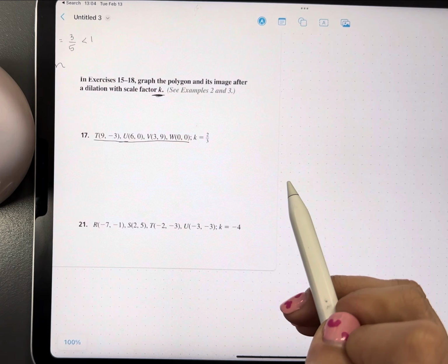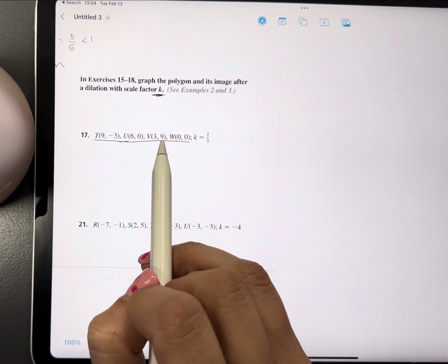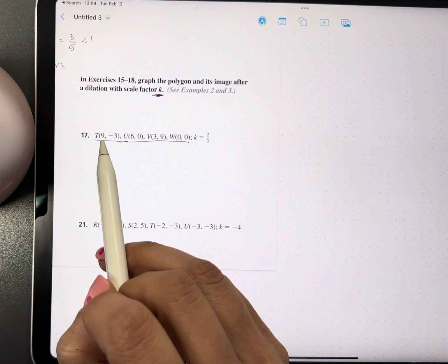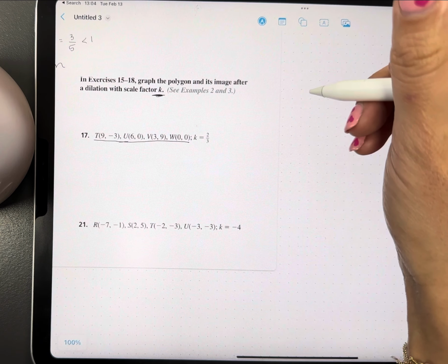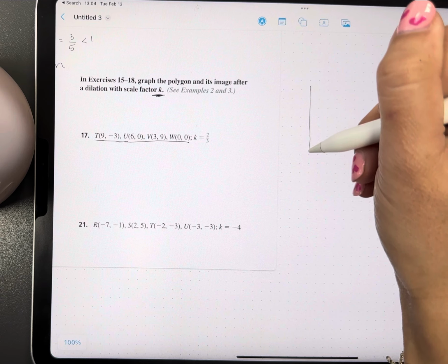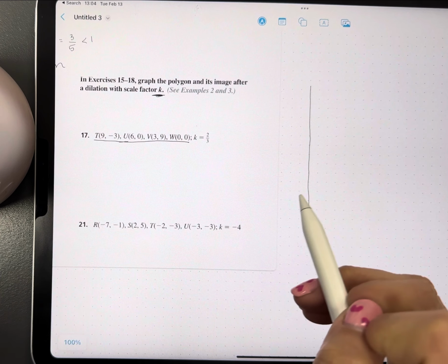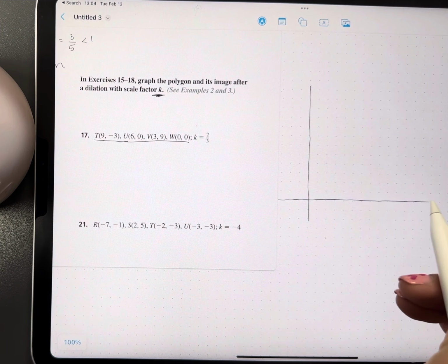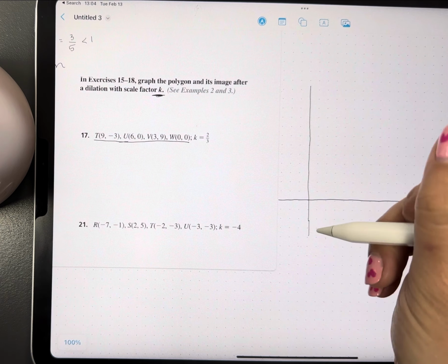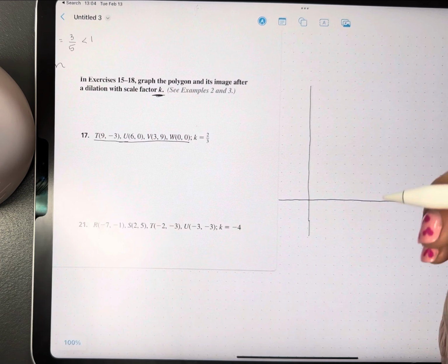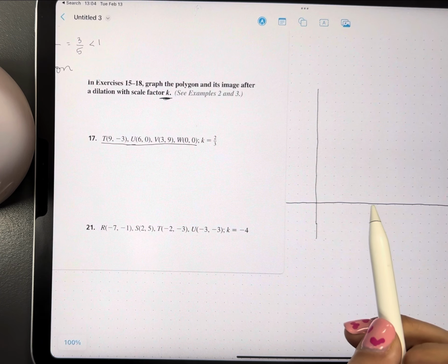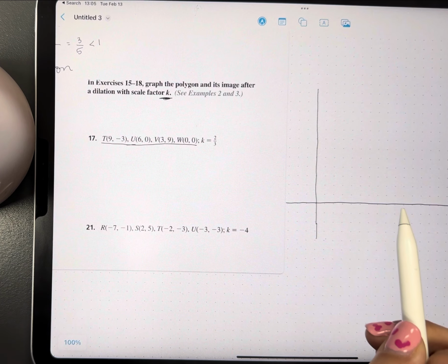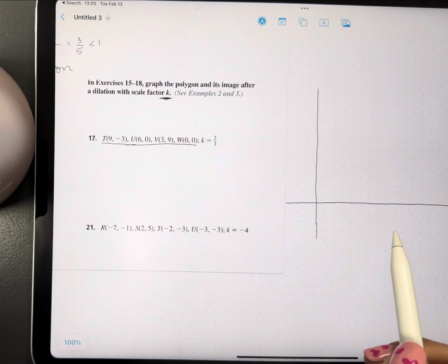So I need to go right as far as 9, down 3. Okay. I'm going to do this bad boy like that. Okay. T is 9, -3. 1, 2, 3, 4 across, and down 1, 2, 3.